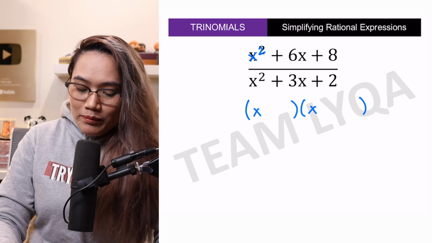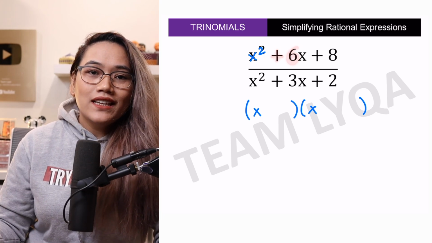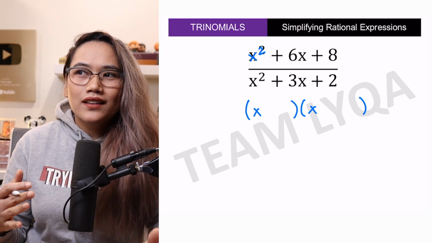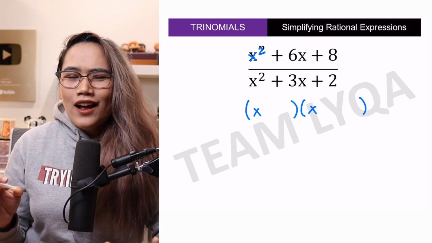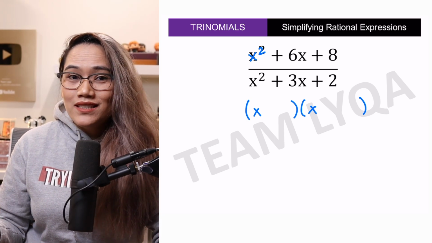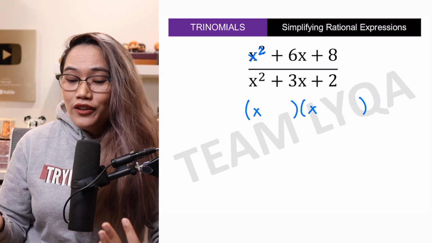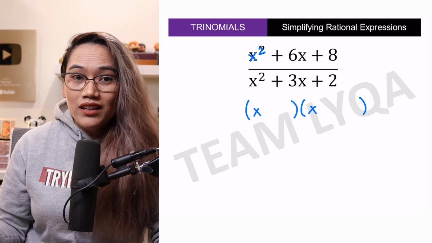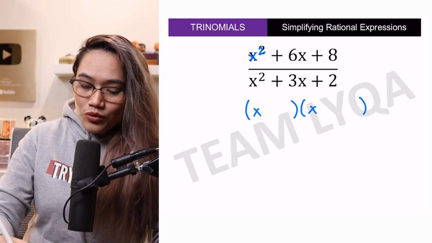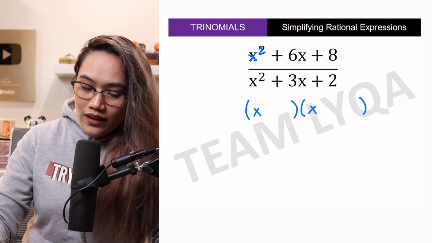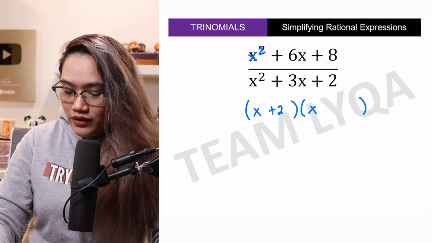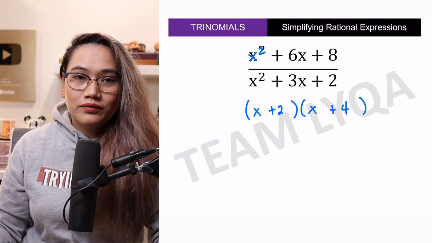At dahil plus 6 or positive 6 yung nasa gitna, sa 1 at 8 at 2 and 4, anong combination ang posibleng maglabas ng sum or difference na 6? Edi yung 2 and 4, di ba? So that gives us a clue na this could be x plus 2 and x plus 4.